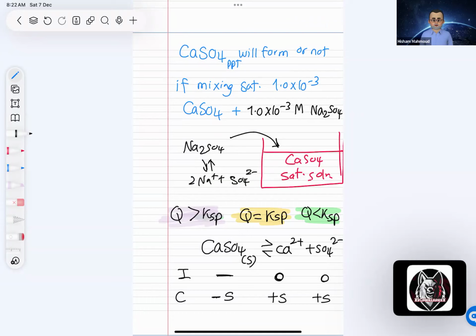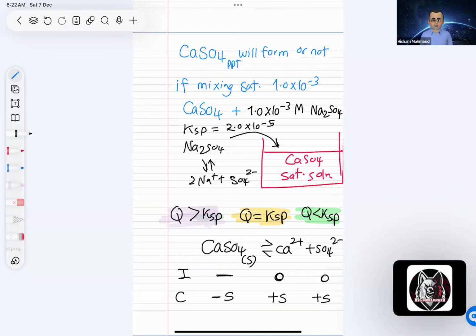And KSP is equal to, we mentioned this one, 2 multiplied by 10 to the power of negative 5.